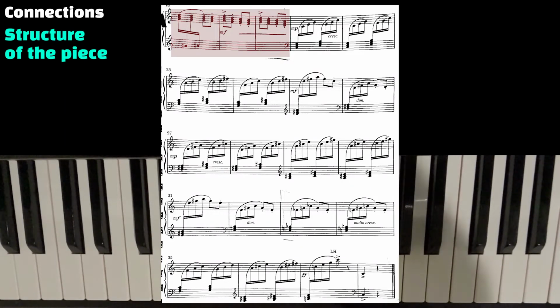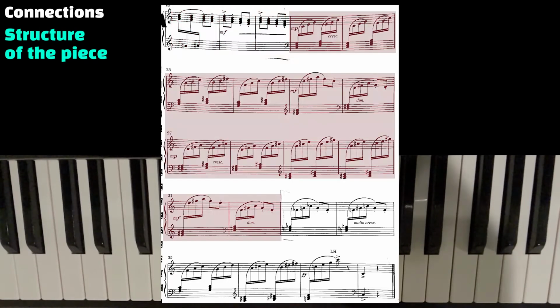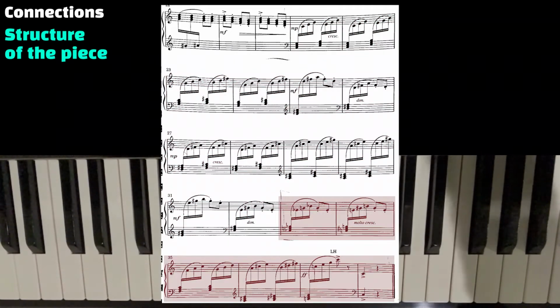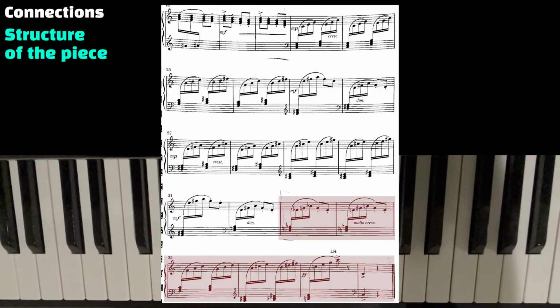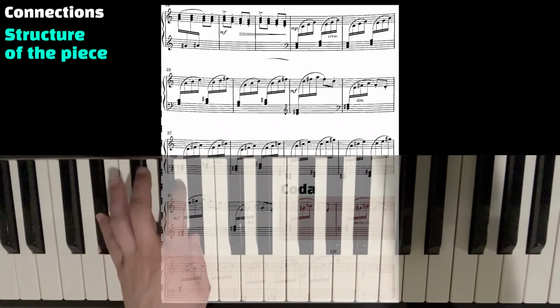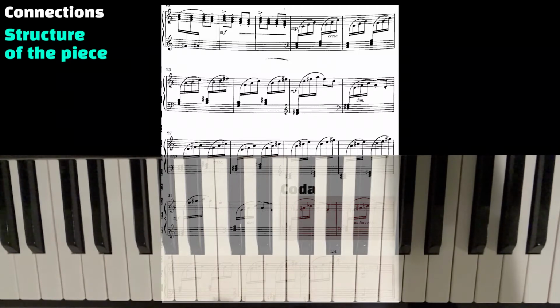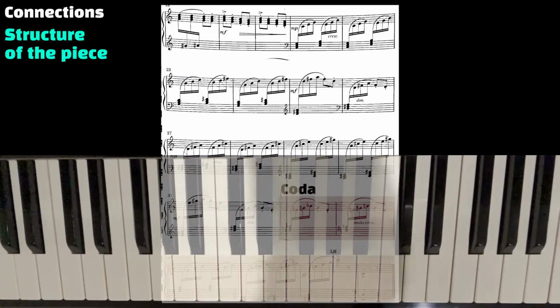When you go on to measure 21, that's exactly the same as section A. After several measures, at measure 33, you're going to find the coda, where the chords keep moving upward and finish at the end.